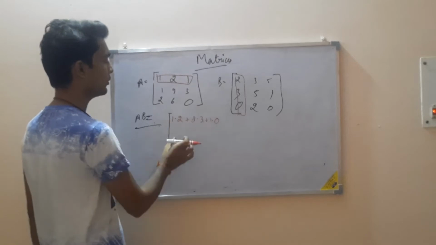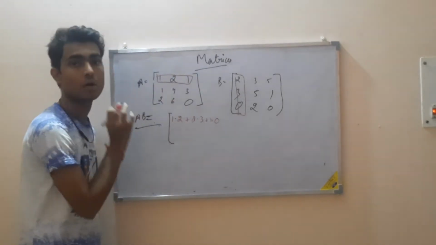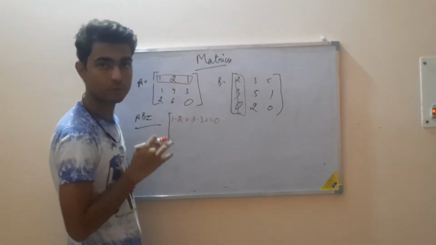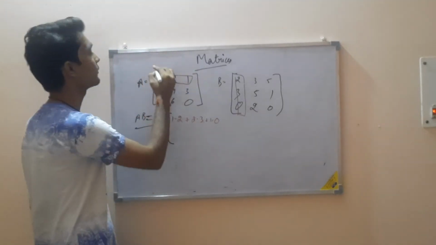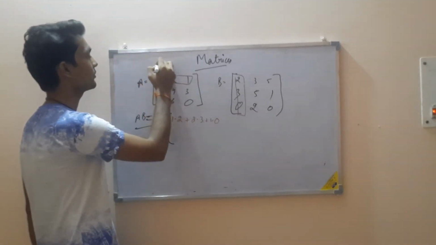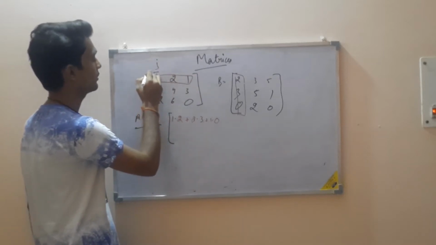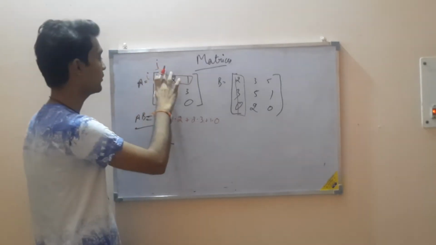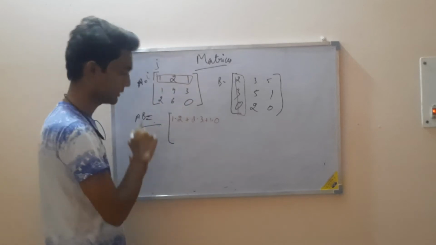Now coming to this position, it is AB21, with I equal to 2 and J equal to 1. This is I, this is J. For this complete column, J will be 1, J equal to 2, J equal to 3, and I equal to 1, I equal to 3.